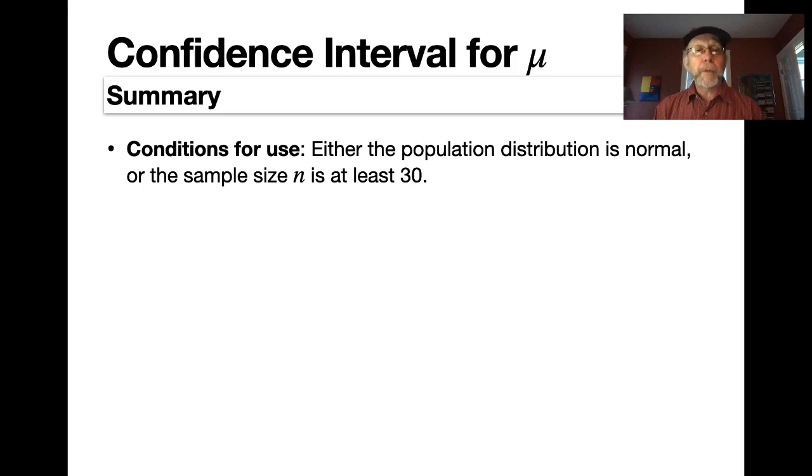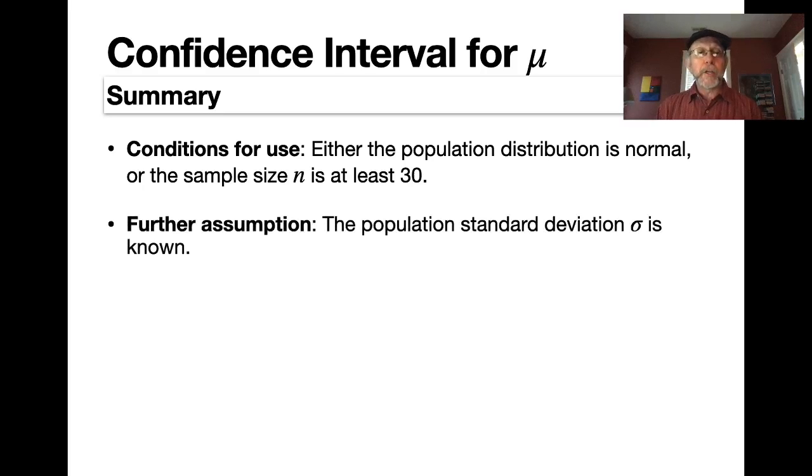Either the population distribution itself is normal, in which case the sampling distribution will be normal for any sample size, or if the population distribution is not normal, we nevertheless know that the sampling distribution of x bar will be very close to normal as long as the sample size n is at least 30. So those are the conditions under which we can use this technique for computing confidence intervals.